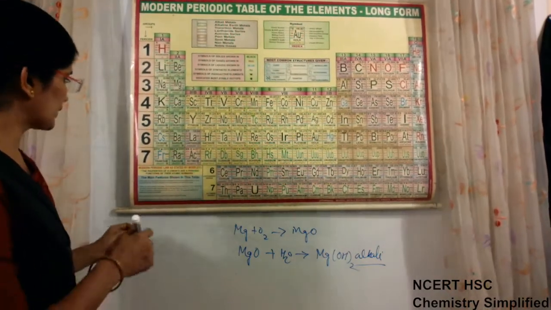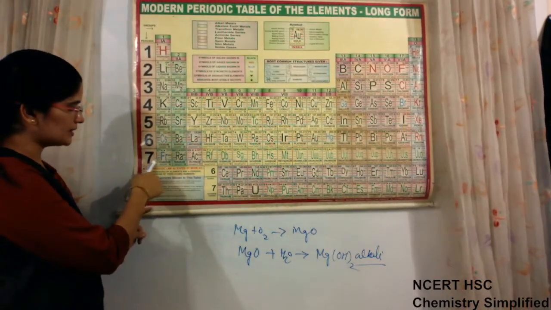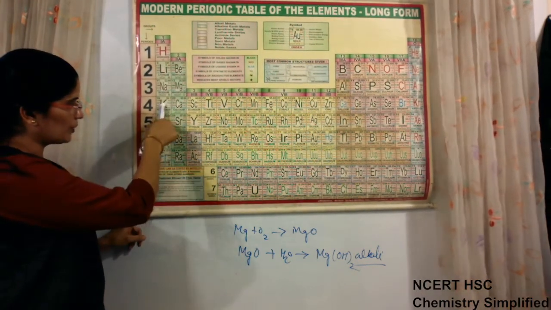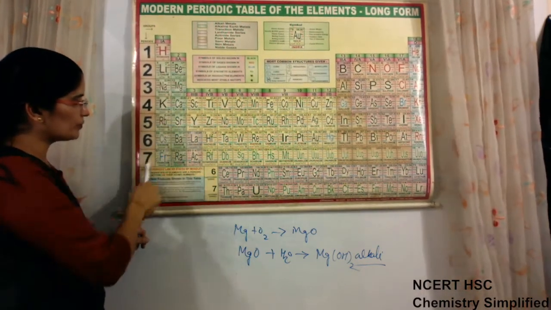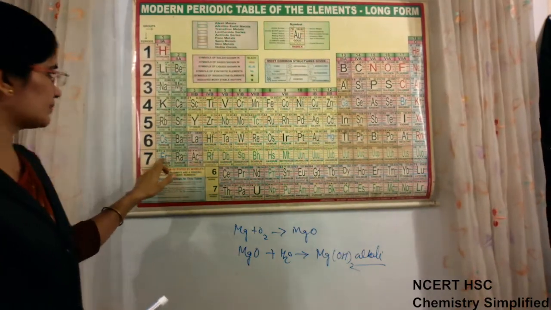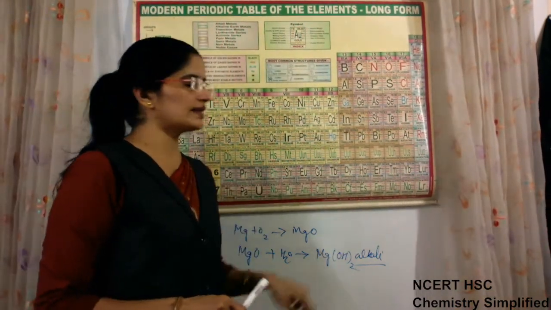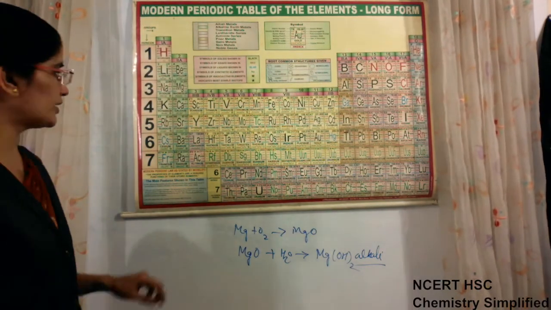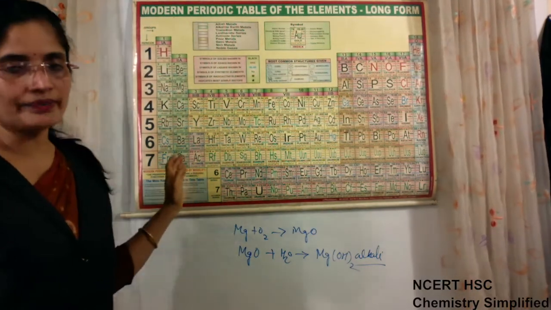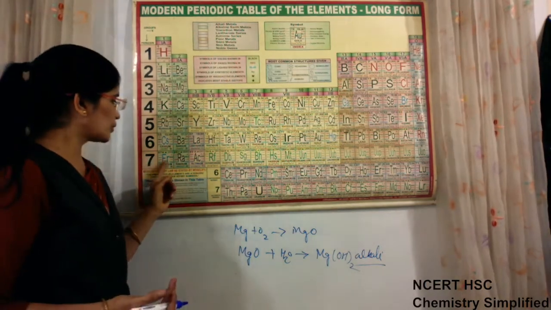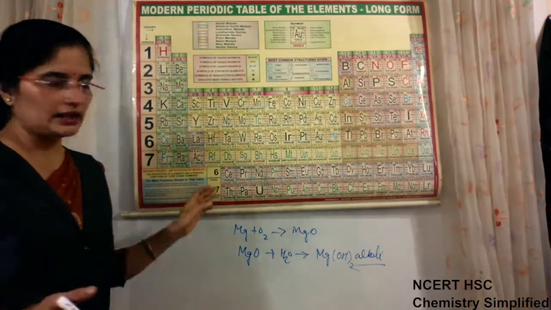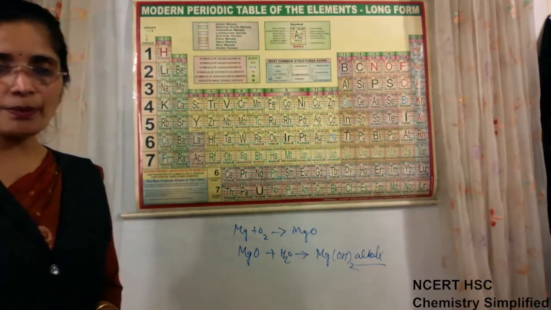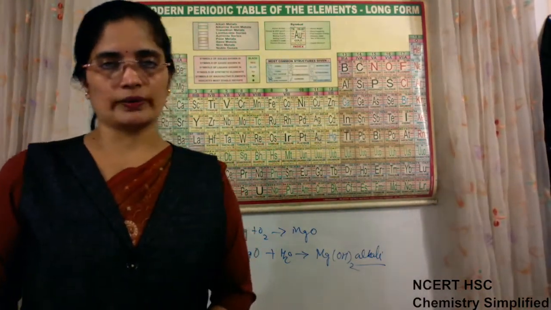Now the elements present in the 7th period, like francium and radium in group number 1 and group number 2, are mostly radioactive elements. Hence the properties of the elements in this period are not much known. Why?